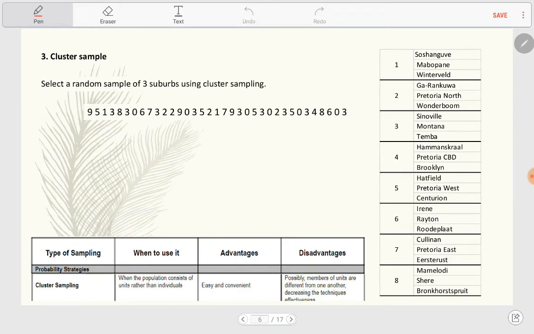And then for cluster sampling, what you're going to do is firstly divide your population into groups. Each of these little groups has a special name. They are called clusters. Okay? And in these clusters, ideally you want them to be representative as well. They must be like mini representations of the whole population.